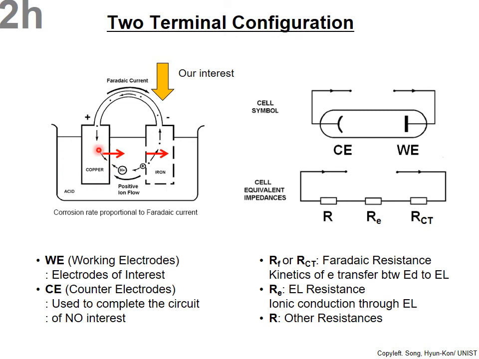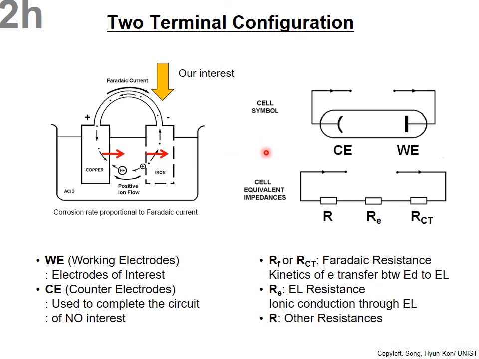The other electrode is called the counter electrode, which is used to complete the circuit. However, I don't care about what happens on the counter electrode because I'd like to investigate something on the iron bar.